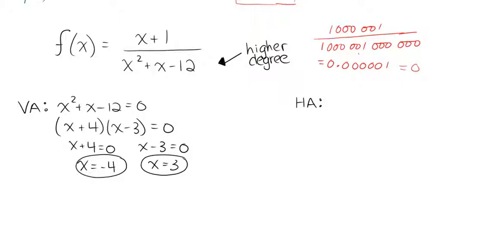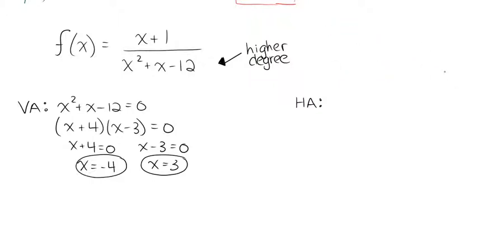So that's telling me if I plug a gigantic number in for x and I solve it, I'll get close to 0. The same thing will happen if I plug a really small number in for x. So my horizontal asymptote is 0. And in case you understood none of that, that always happens whenever you have a higher degree on the bottom of a rational function: you're always going to get a horizontal asymptote of 0. So there you go.